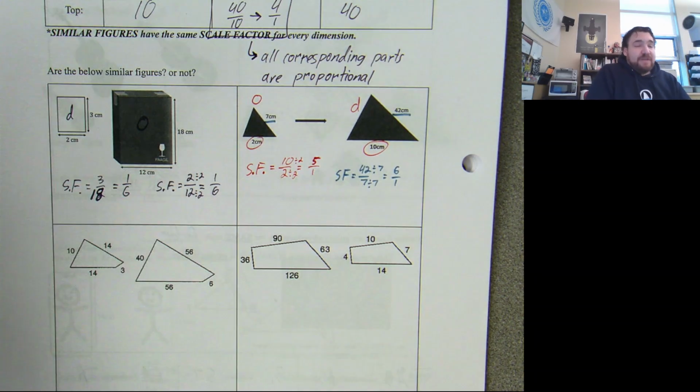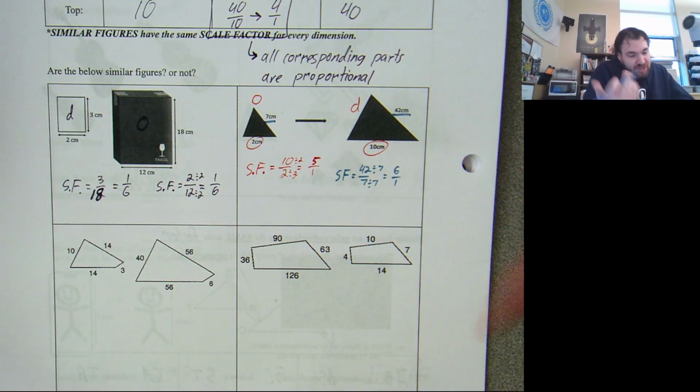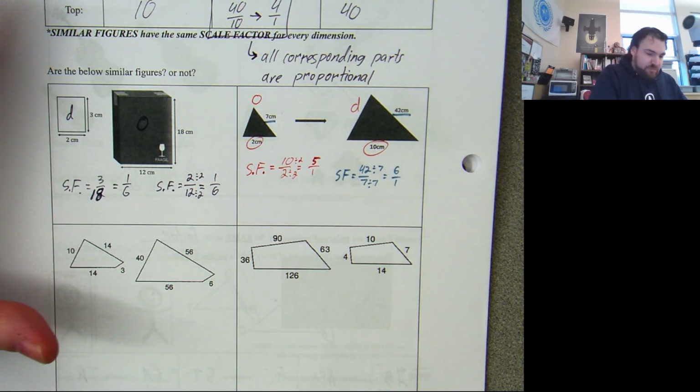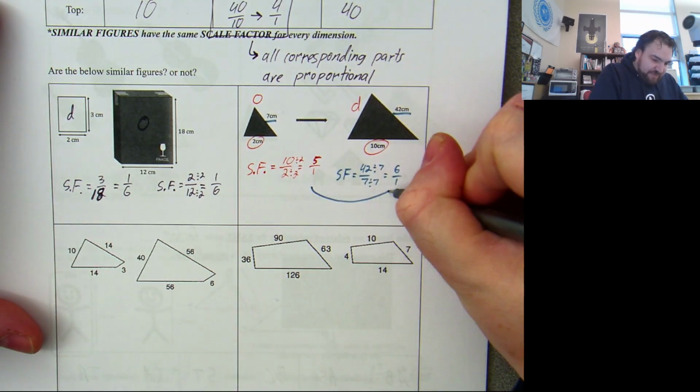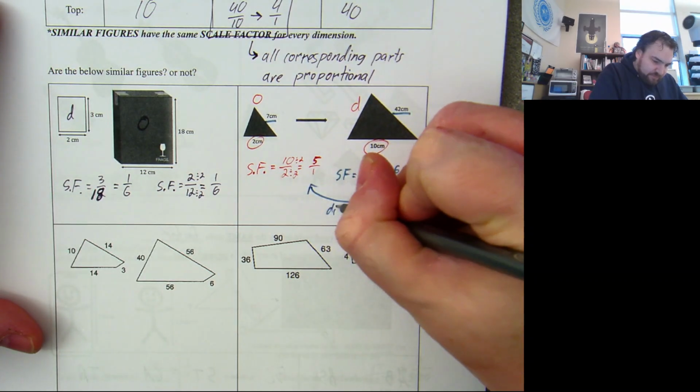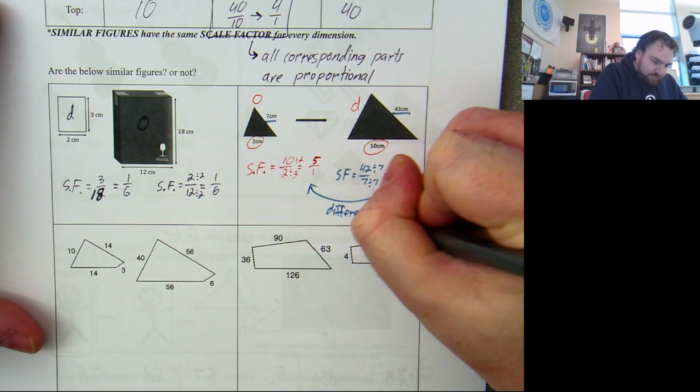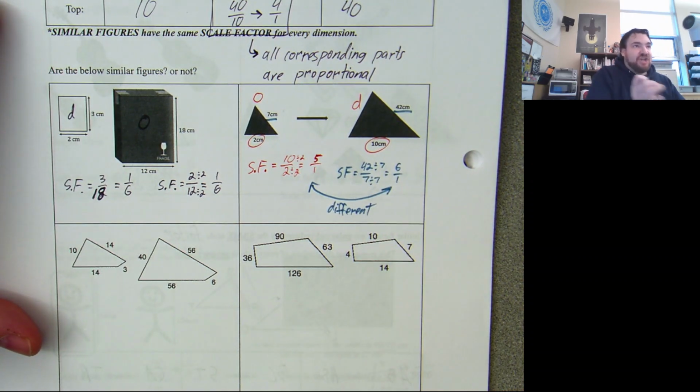Gershon, you're right. Even though Andrew, you did a quick look, yeah, they look similar. Are they? No. They're very close, but these two are different. These two shapes cannot be considered mathematically similar.